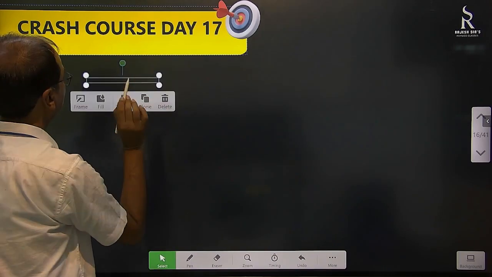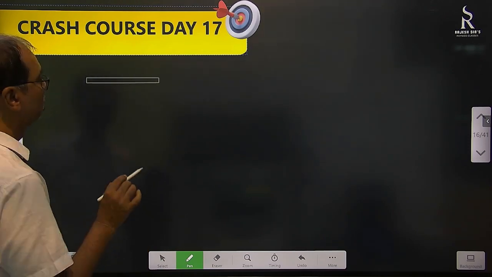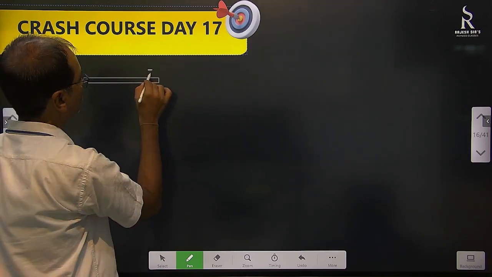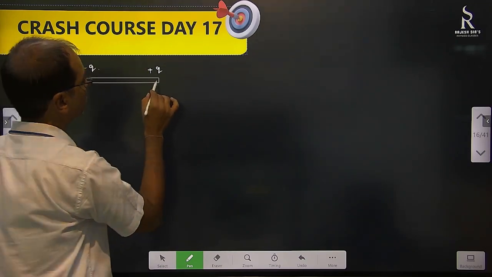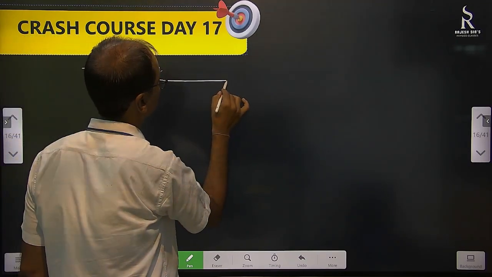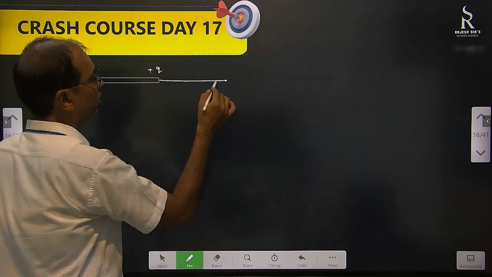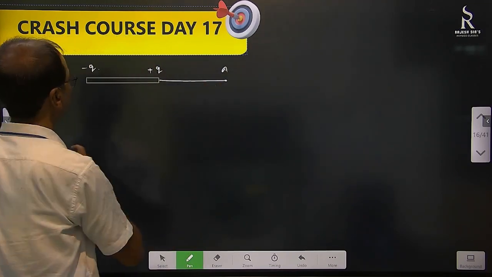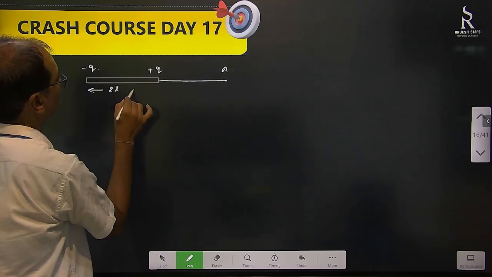many questions are asked on the dipole, so we need to be careful with this one, and every time they ask a question there will be some surprise in it. Suppose at this point A we want to find the electric field, and this separation we take as 2L.